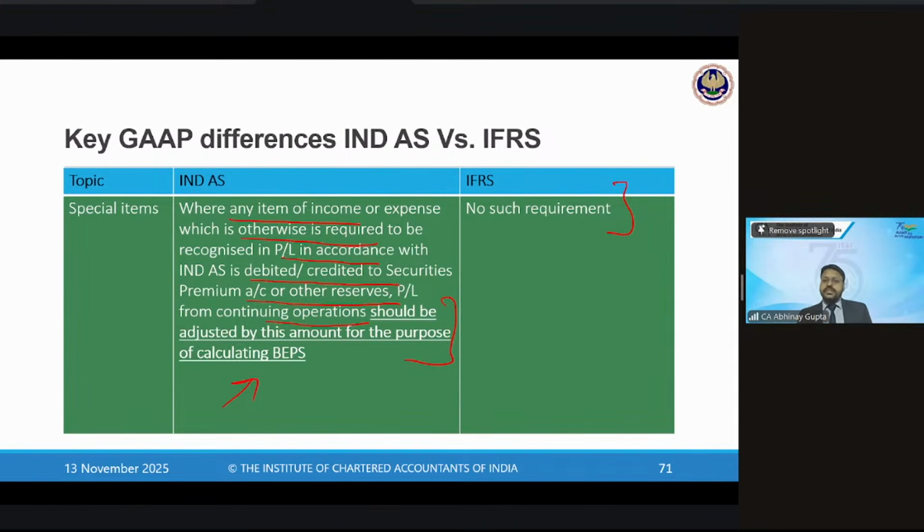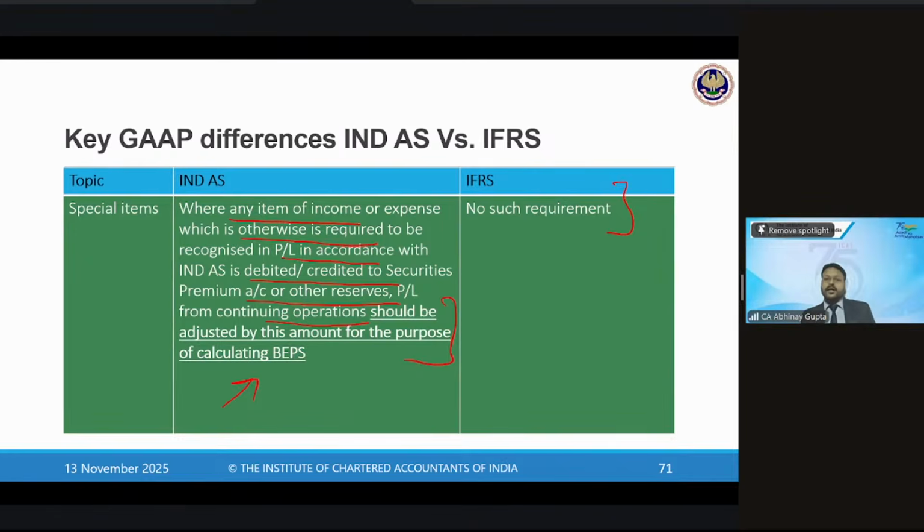But IFRS says why would the management do so? Because management is not allowed to record any transaction which is required to be accounted for in P&L in the reserves, right? Same rule is applicable for Ind AS too. So if Ind AS says that any particular item needs to be recorded in P&L or any particular item needs to be recorded in OCI, then we are bound by that.